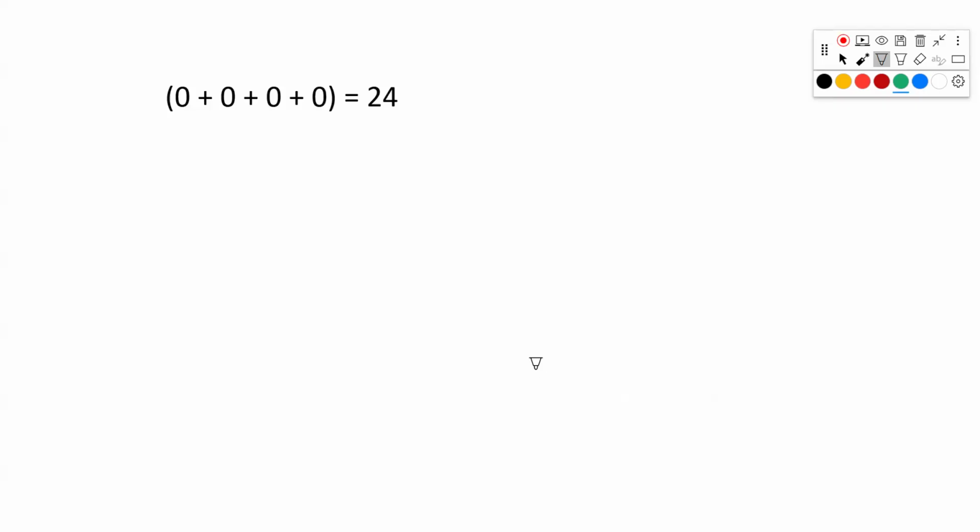Anybody getting it? So try think in terms of factorial.